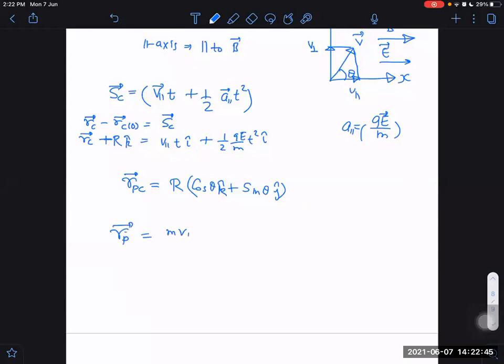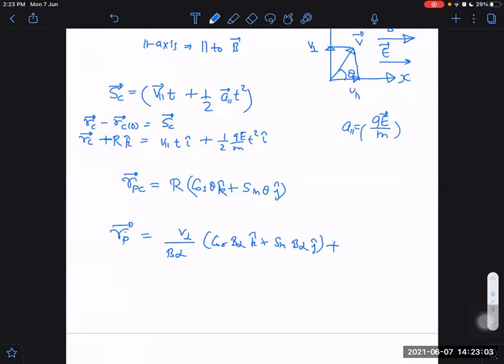The position vector of P point will be, okay, let me write it, it will not take much time. V perpendicular by B alpha into cos of B alpha K cap plus sine of B alpha J cap plus RC.